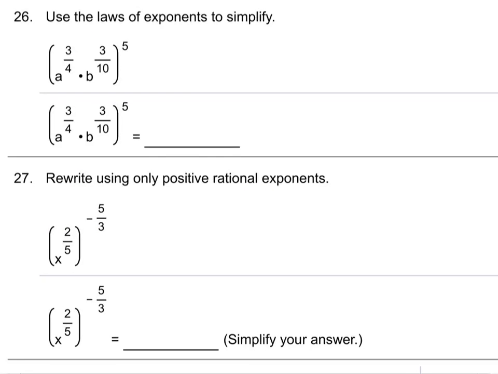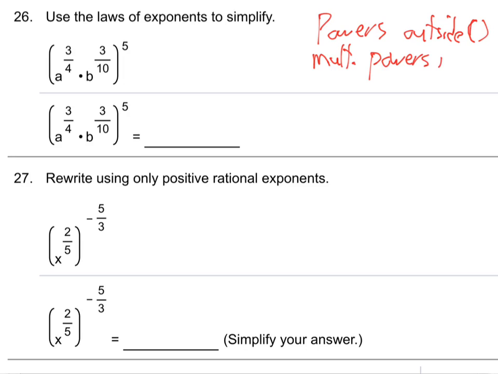So maybe I could say the rule more simply. How about this? I can do it better. Powers outside parentheses multiply powers inside parentheses. How about that? That's the rule. Powers outside multiply powers inside.